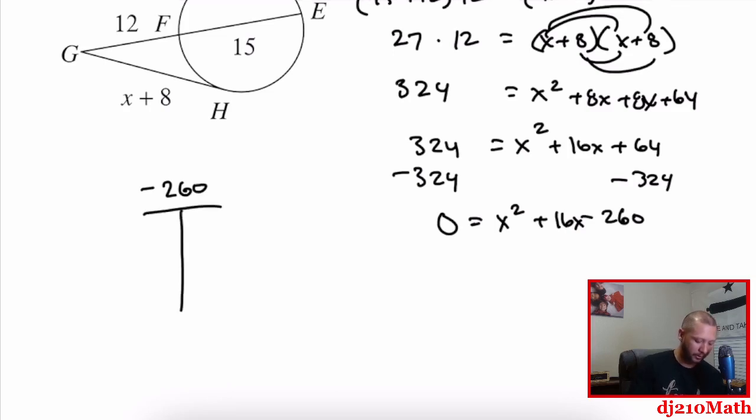Obviously 260 and 1 doesn't work. 130 and 2. That won't make 16. 3 won't work. It's 4. So 4 and 65. By the way, the small one's going to be negative. That makes 61. 5. 260 divided by 5. 52. So 5 and 52.